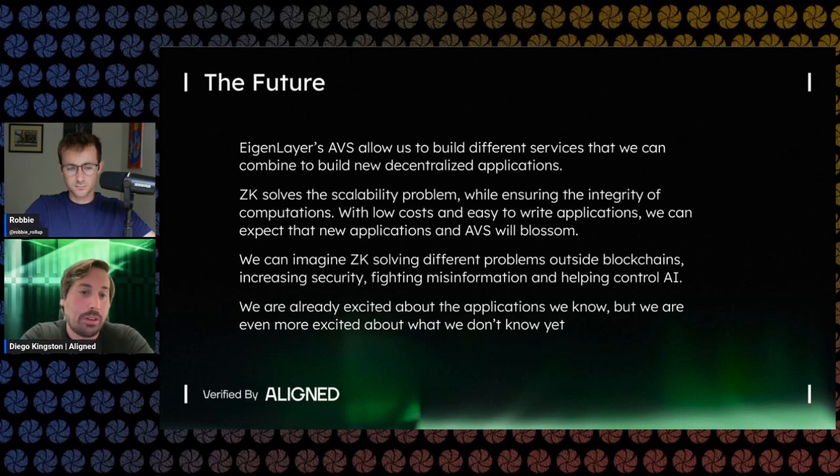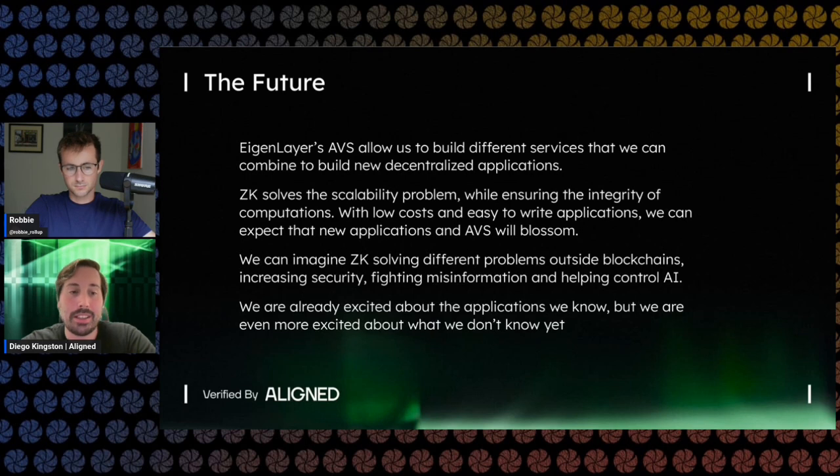We can imagine also ZK solving problems outside blockchains, for example, helping fight misinformation or control AI, or making sure that the answers you get from AI are from the model you want to use. And so we already know that there are some very nice use cases of ZK in blockchain and even outside blockchain.